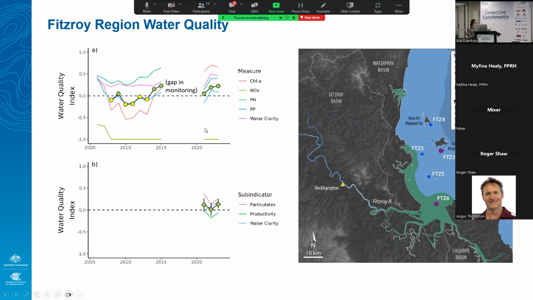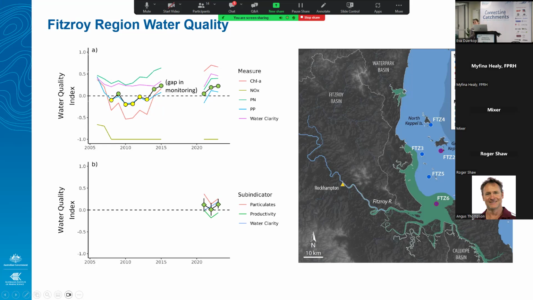This is an index that's designed to look for long-term trends and try to even out some of the year-to-year variations, whereas the index at the bottom, which we're only presenting since the new design was instituted and monitoring restarted in the Fitzroy, is designed to pick up more the year-to-year variations.